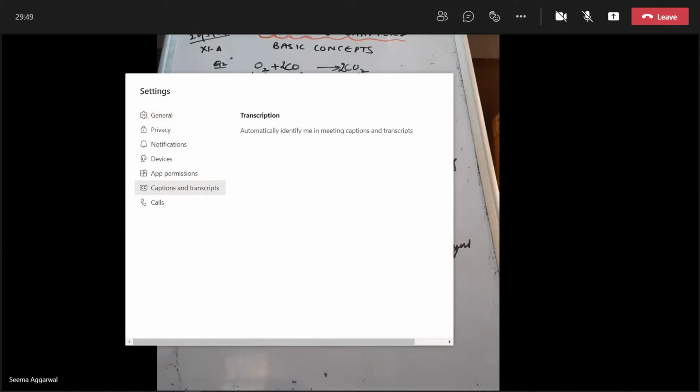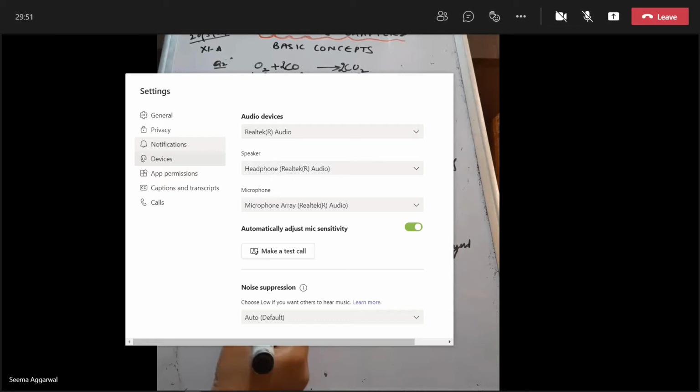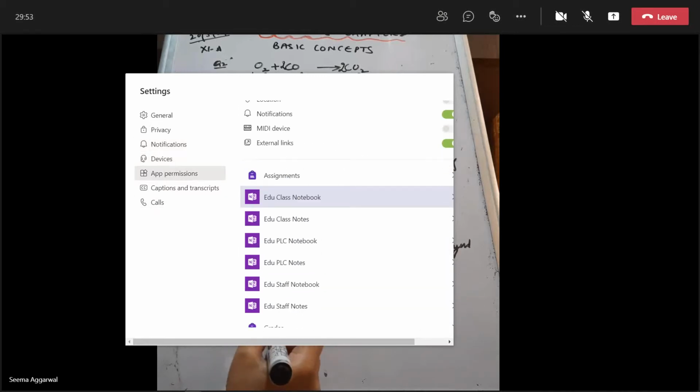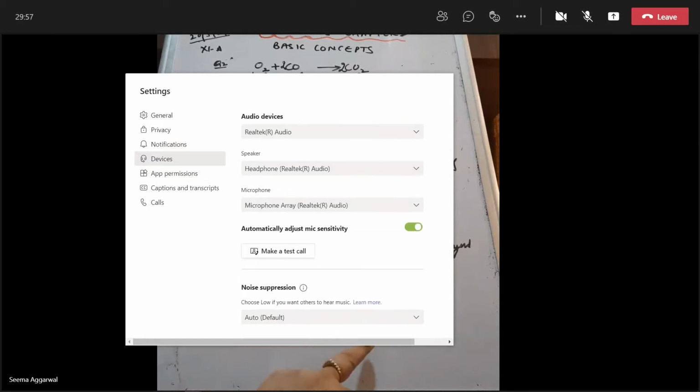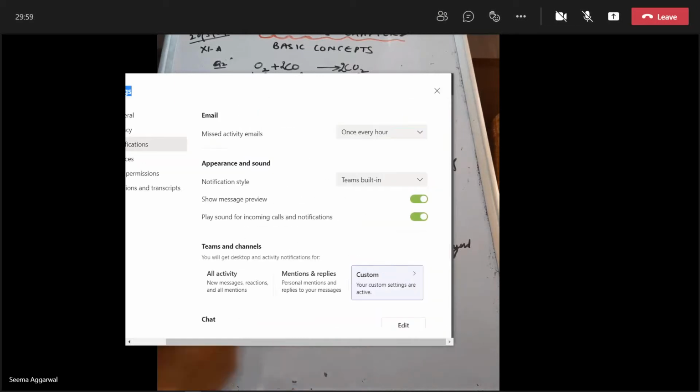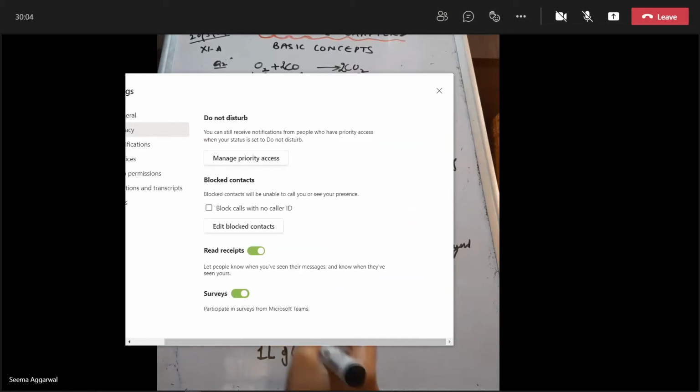Is it okay? 1 mole of carbon monoxide has a mass of 28 grams. Carbon is 12 plus 16. So can you calculate the mass of 1 liter of carbon monoxide? What is the mass?